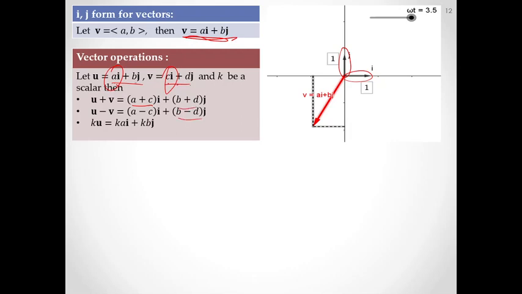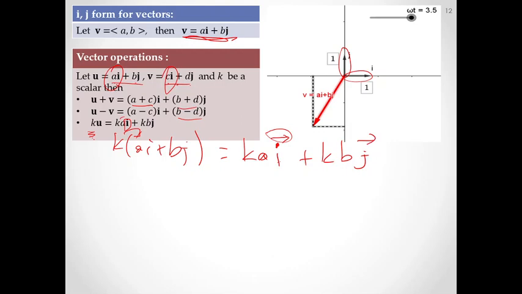When we multiply by k, we multiply both components, so this has to be kai. Here it's bold, so to distinguish it, I will put a vector sign so that it's the i vector and the j vector.